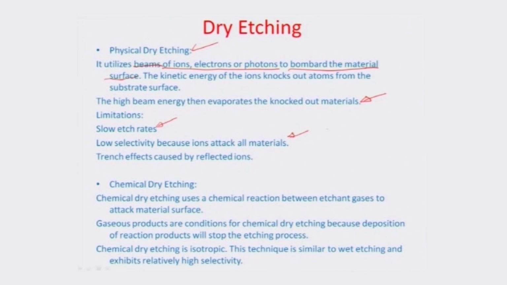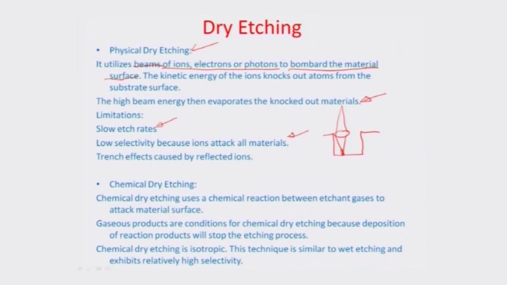Another very interesting effect here is basically the trench effect, which is caused by reflected ions. This is illustrated here in this example: if you have a pit of this nature and let us say you have an e beam which is coming and hitting onto the surface and is trying to deliver some electrons.